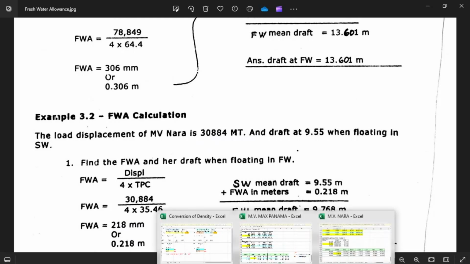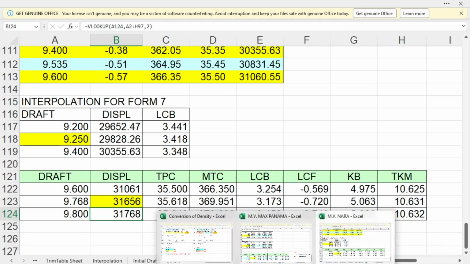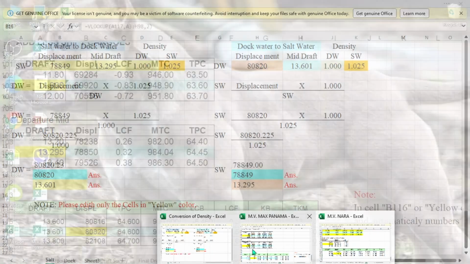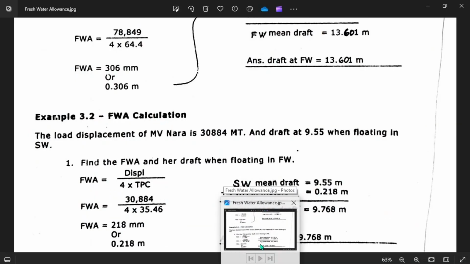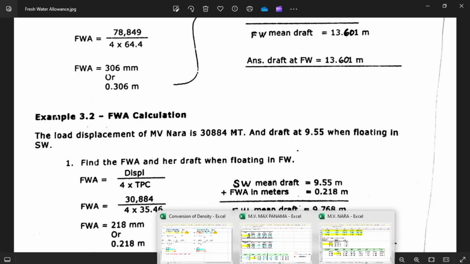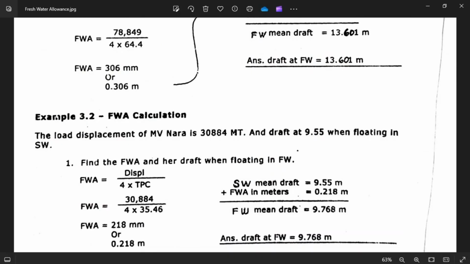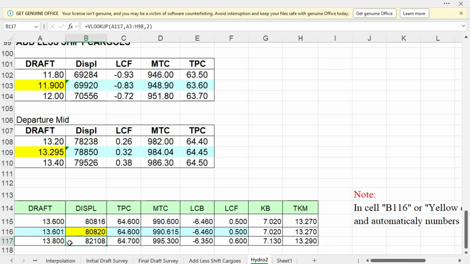We go to MV Nara, which is one, and the displacement was 30884. So you put here 30884. Oh, is this MV Nara?